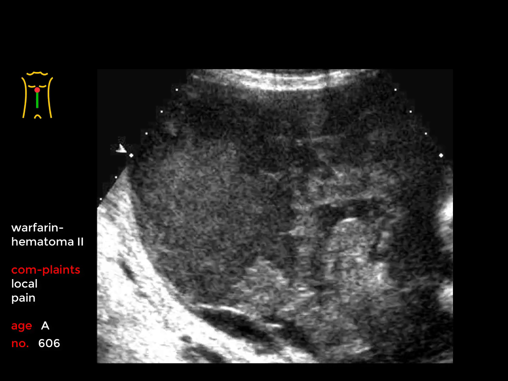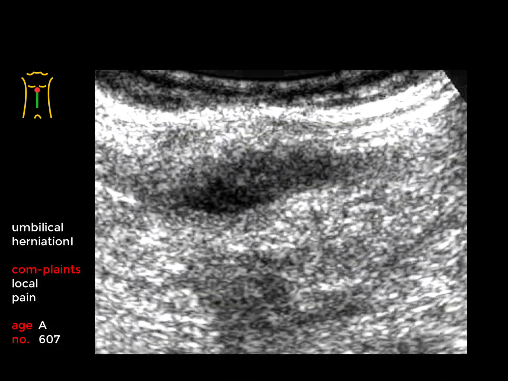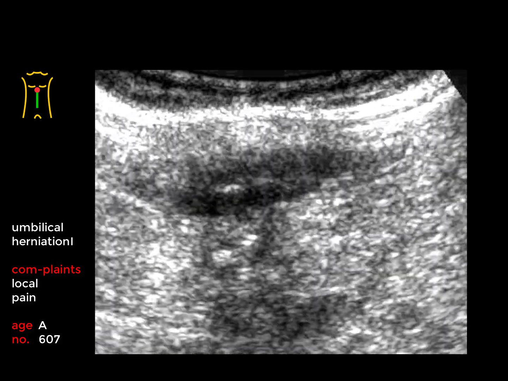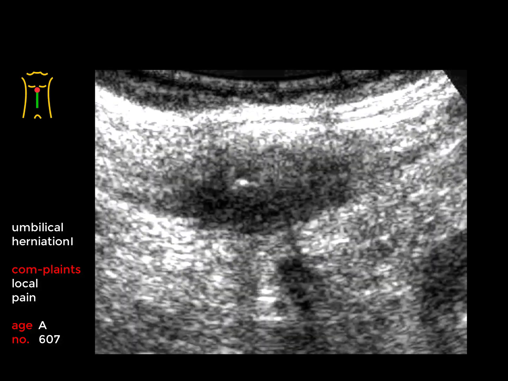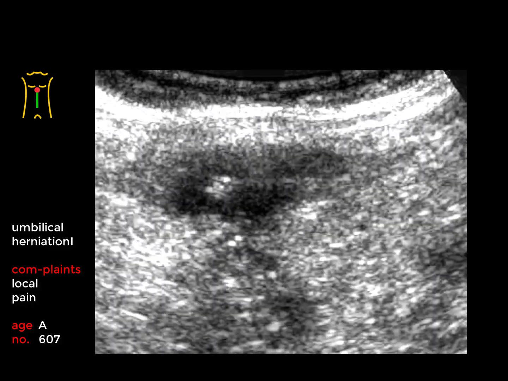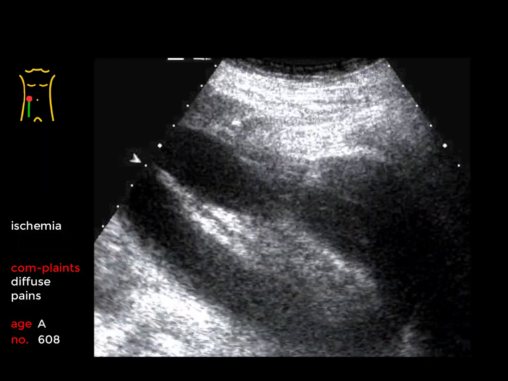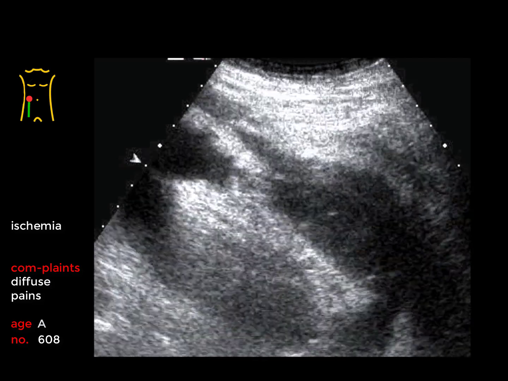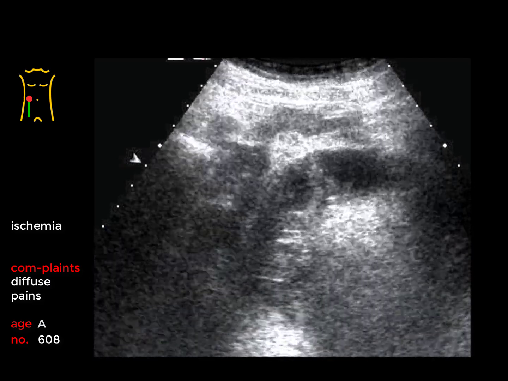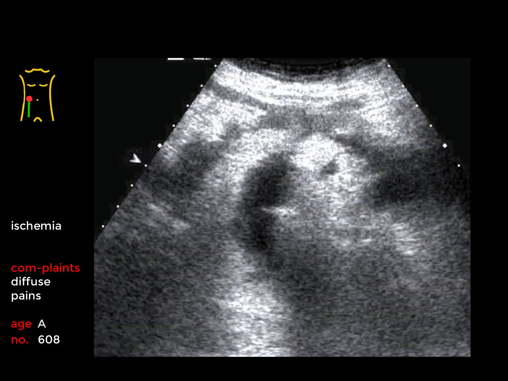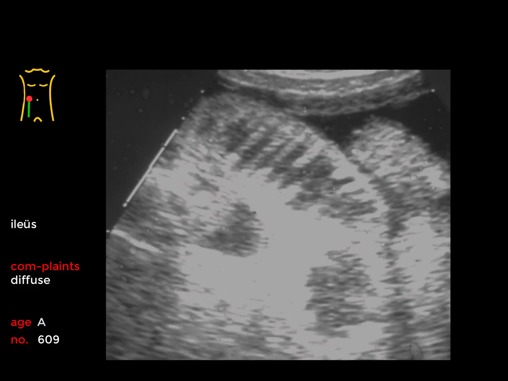As a differential diagnosis, an umbilical herniation must as well be taken into consideration, as here displayed in case 607. In case 608 again, intestinal ischemia is difficult, sometimes with enteritis-like features only. This ileus in case 609 needed operation.